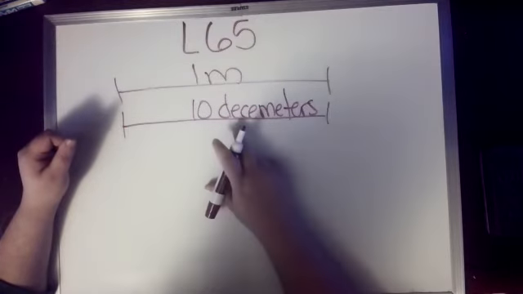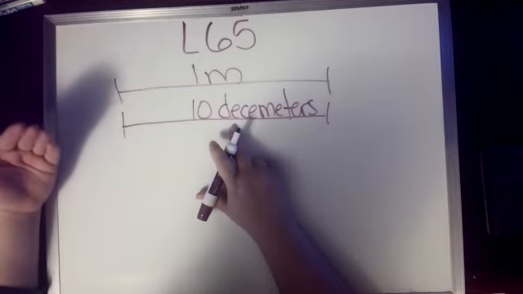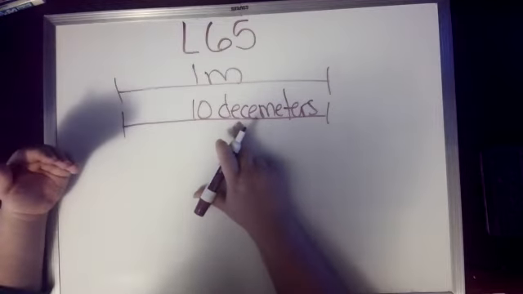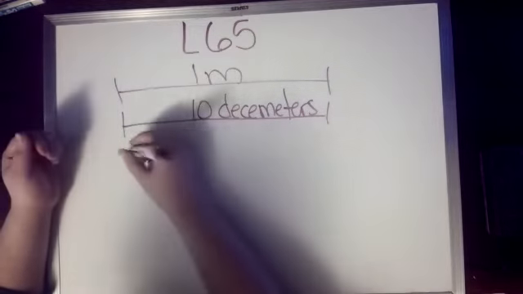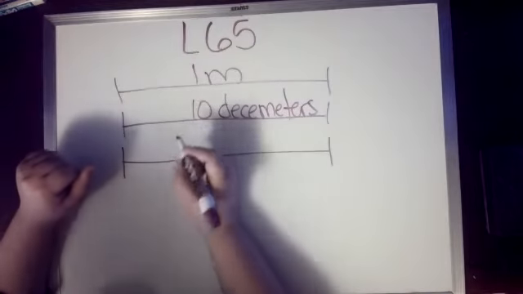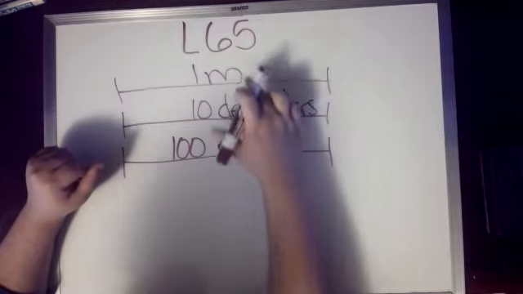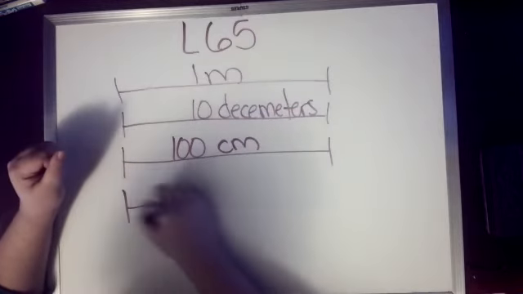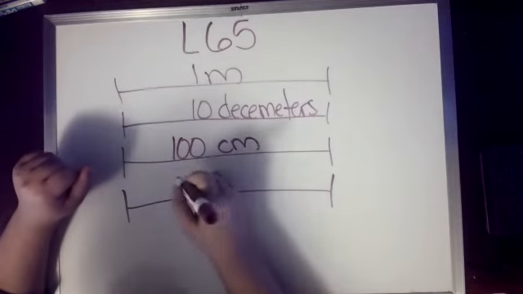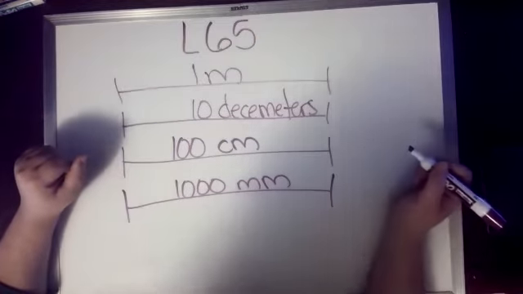And if we remember our words from polygons, dec means 10, so 10 in a meter. 100 centimeters is in a meter, and 1,000 millimeters is in a meter.